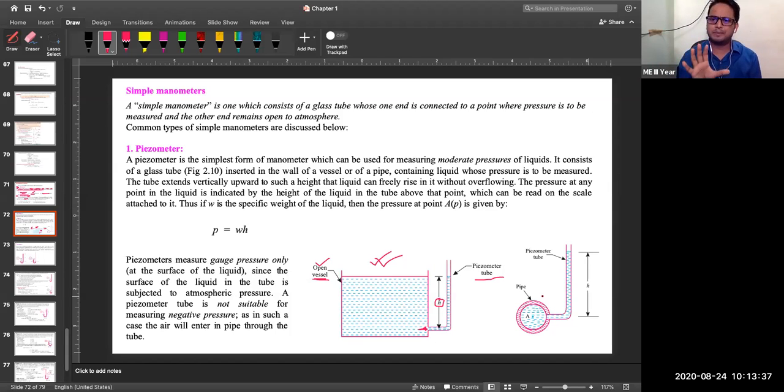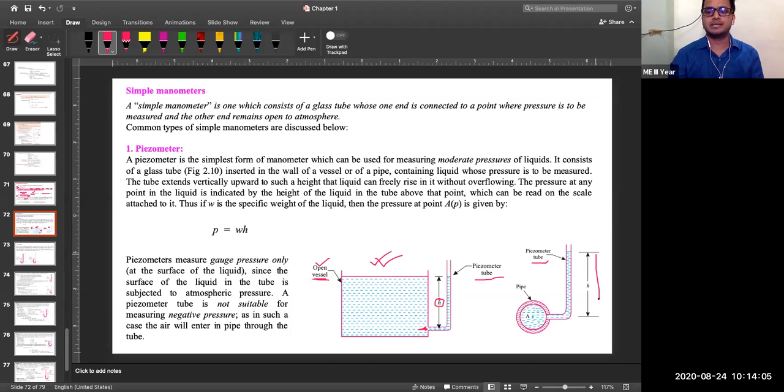The simplest way, if the pressure is low, is that we can insert a small tube in that pipeline. As soon as we insert this piezometer tube in the pipeline, the level of the liquid flowing through the pipe goes up in the piezometer tube also, and it will be elevated up to a certain height.